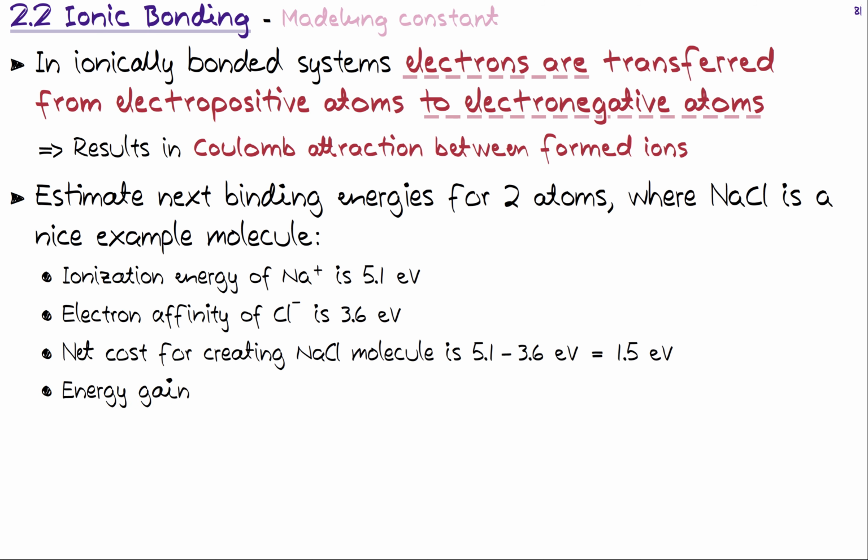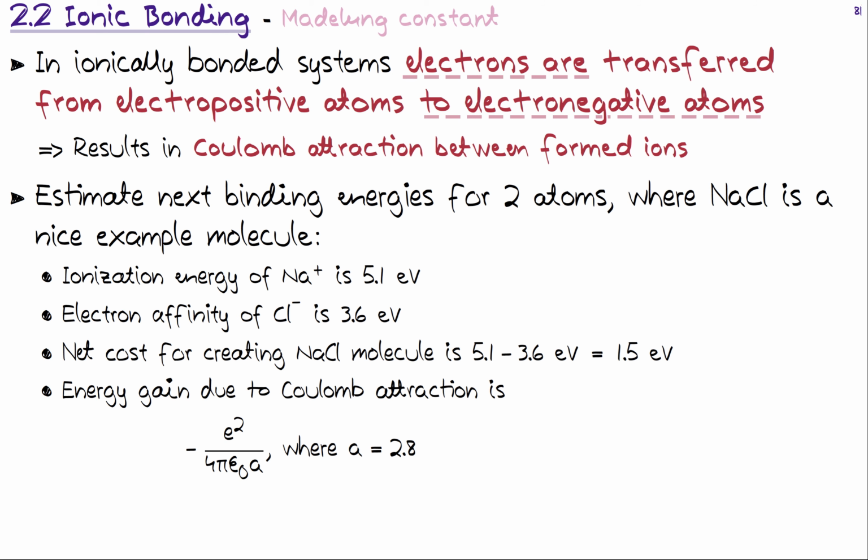The energy gain due to the Coulombic attraction we can calculate, that's a simple piece of math. We have minus e squared, so plus charge and minus charge, divided by 4 pi vacuum permittivity epsilon naught times a, where a is the distance between the ions. So a is around 2.8 angstroms, if I'm getting the unit right.